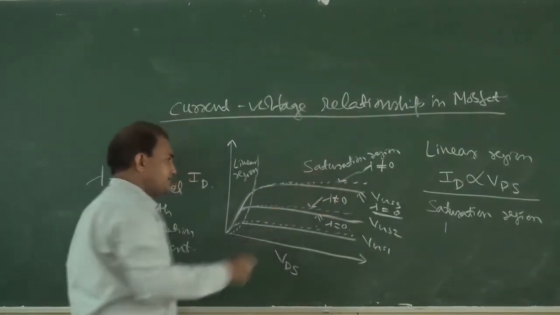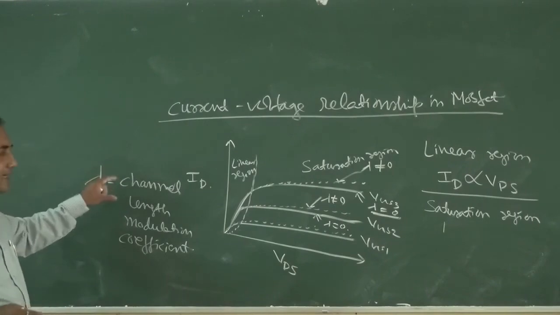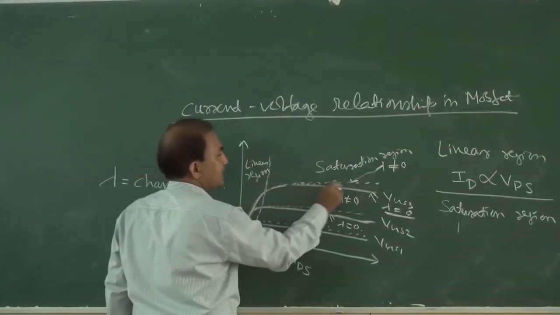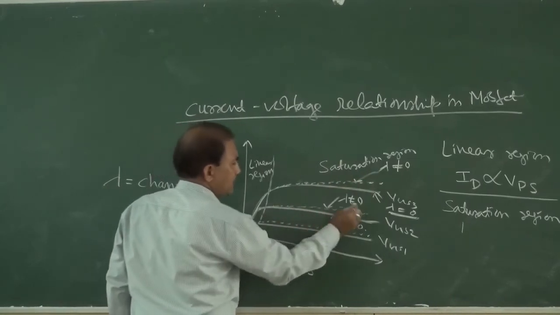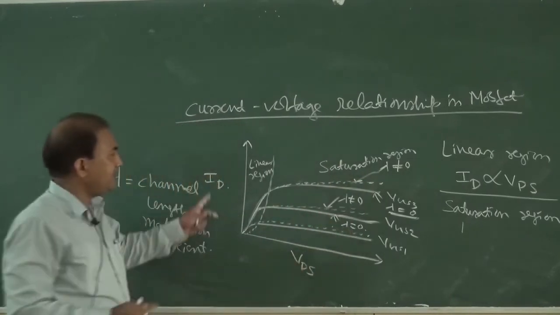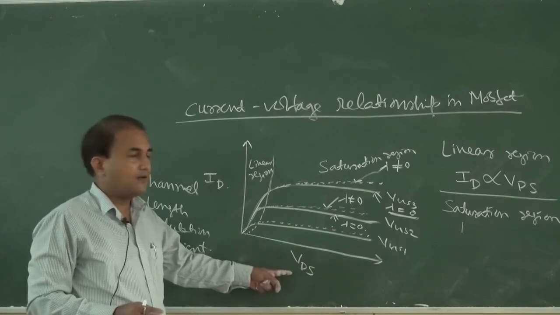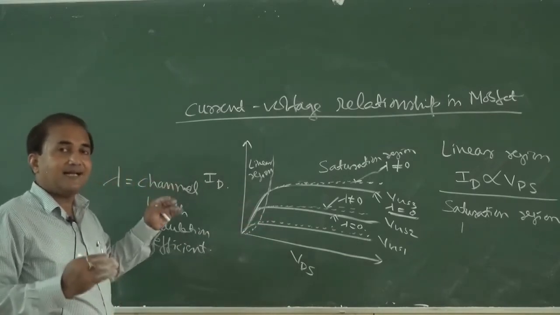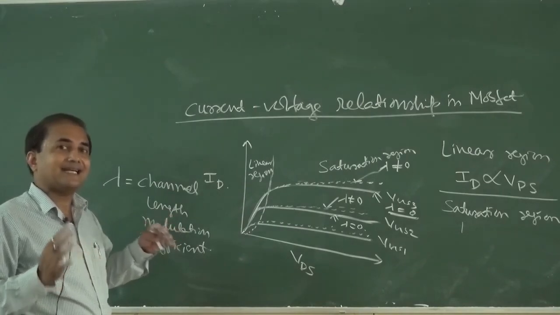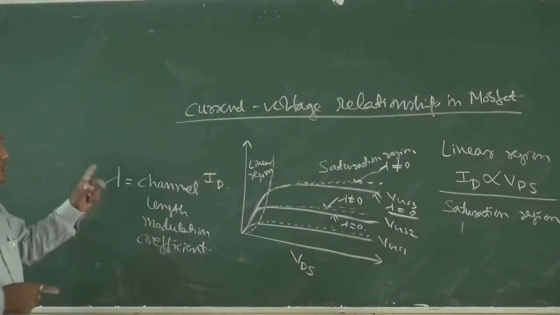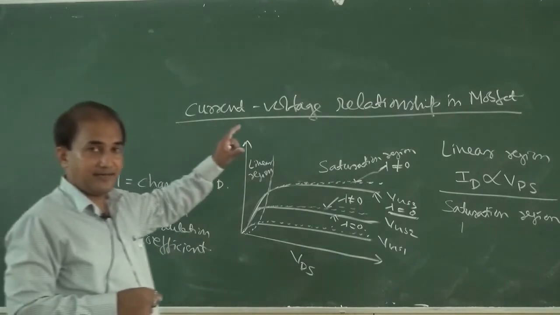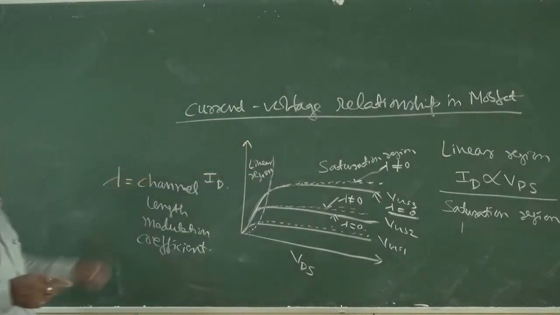If we are considering the channel length modulation effect, then the graph will look like this dotted plot. This dotted plot shows the graph between ID versus VDS for different values of VGS when the channel length modulation effect is considered. So this is the current voltage relationship, that is, the drain current and drain voltage relationship in MOSFET.